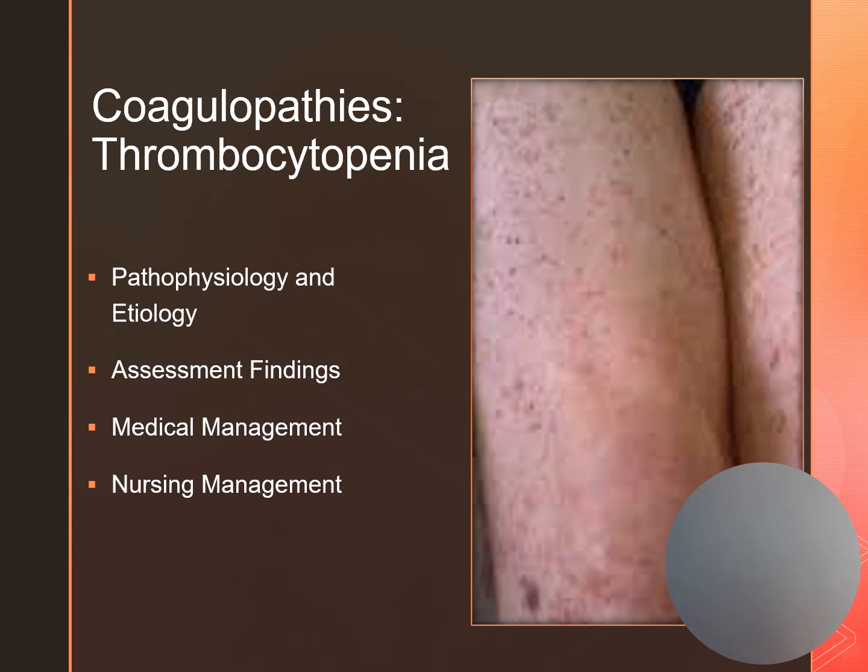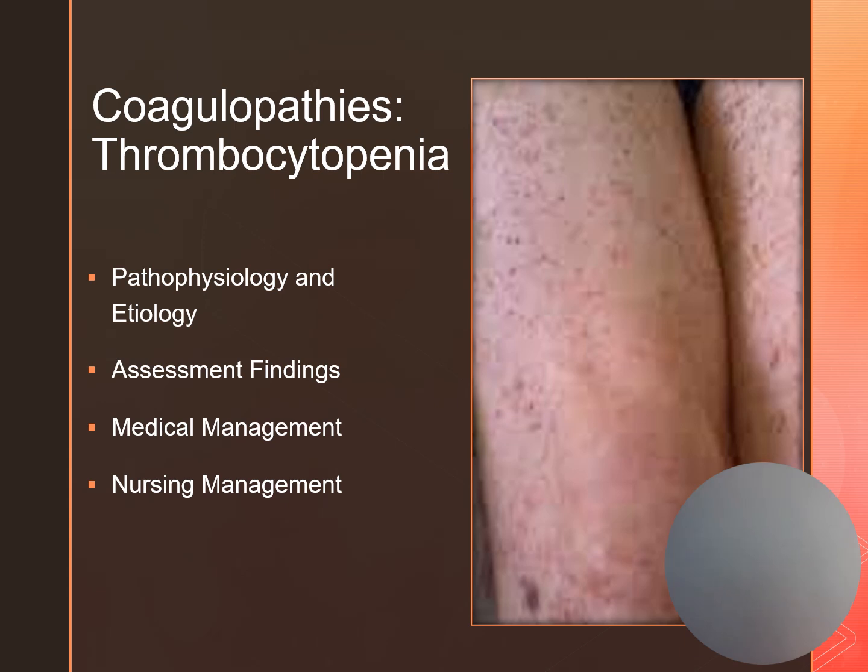These clients are going to have purpura. Remember, that's going to be a purple discoloration of the skin, bleeding, and potentially internal hemorrhage. It's very important that we eliminate the cause. It may require the administration of corticosteroids and transfusions.